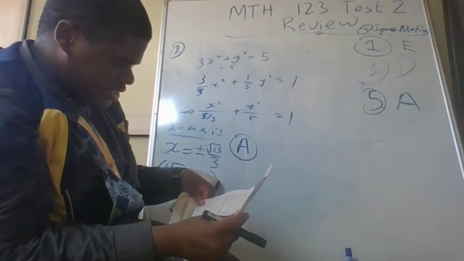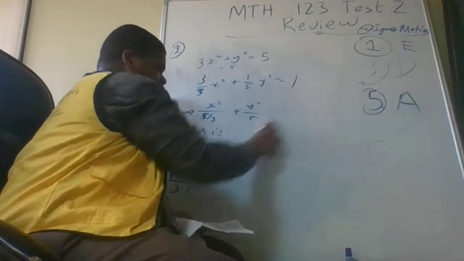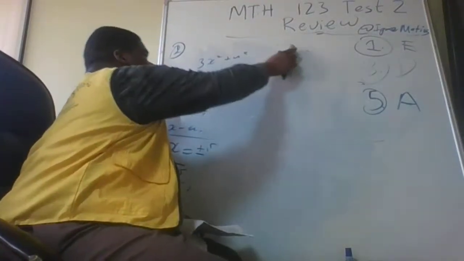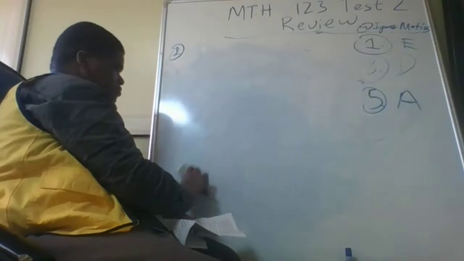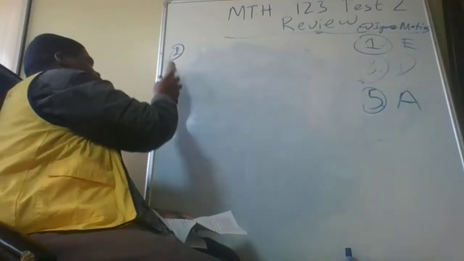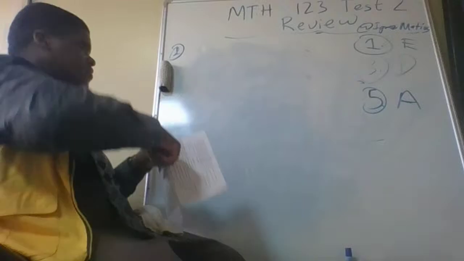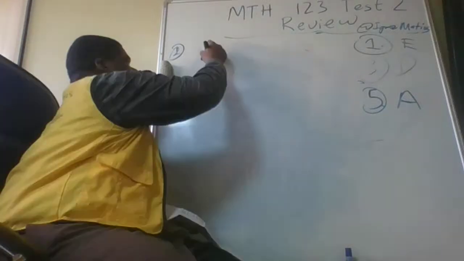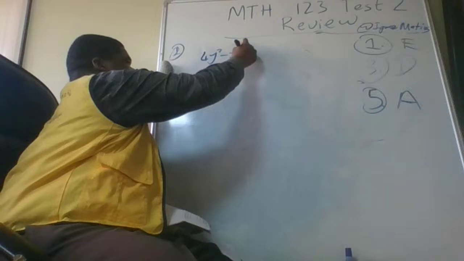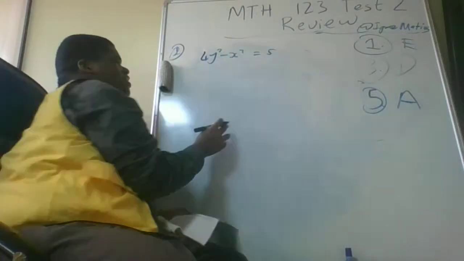Okay, let's go to question 6 now. Question 6 is for a hyperbola. You have 4y squared minus x squared is equal to 5. The same thing happens.